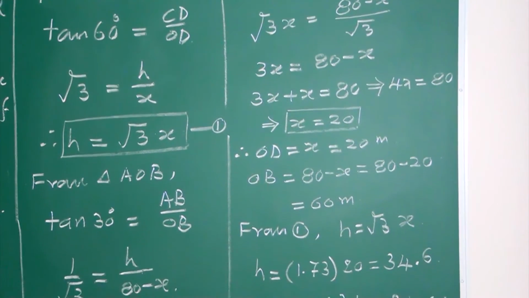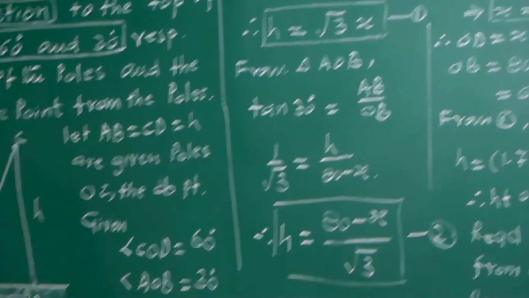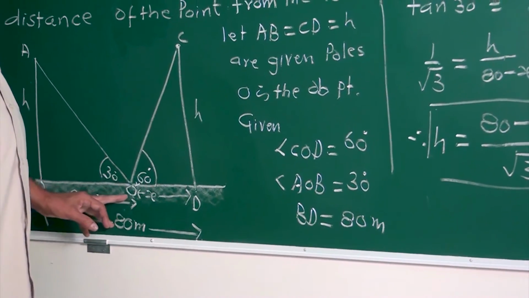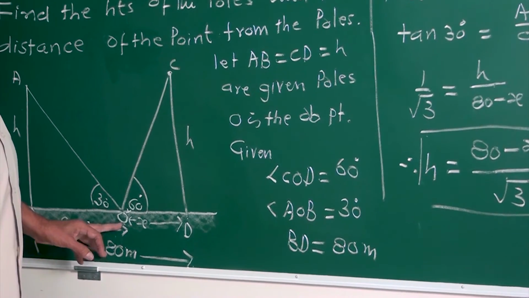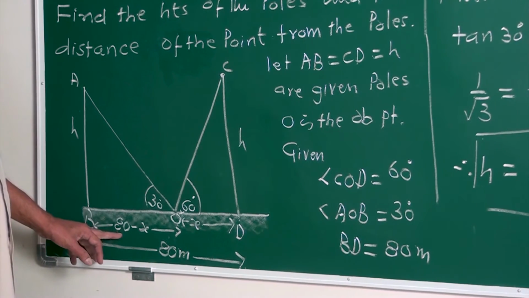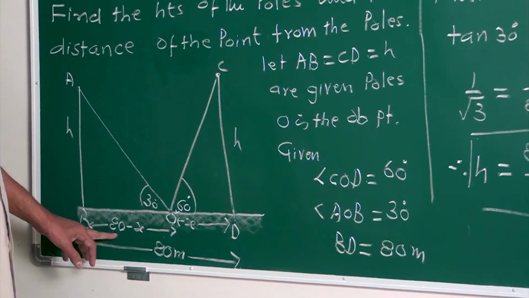X is OD, the distance of the pole from the observing point. Then for the second pole, OB is 80 minus x, 80 minus 20, which is 60.